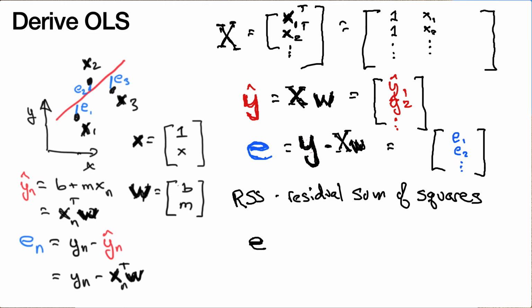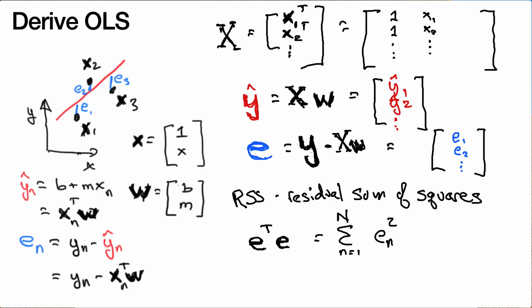So this is the vector E, that is the same as saying sum up, for all of the data points, right?